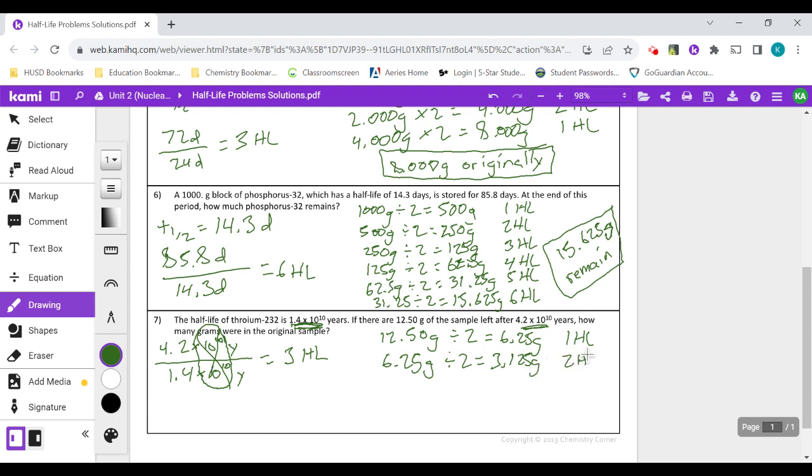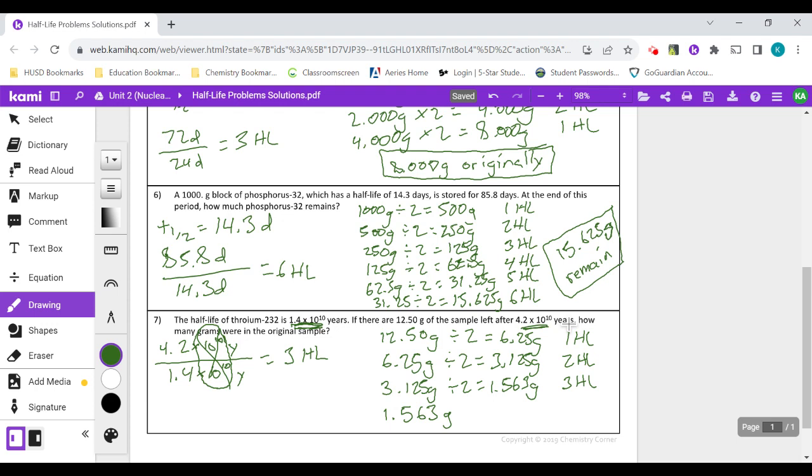It's 2 half-lives. 3.125 grams divided by 2 is 1.563 grams. That's 3 half-lives. So the answer is 1.563 grams.